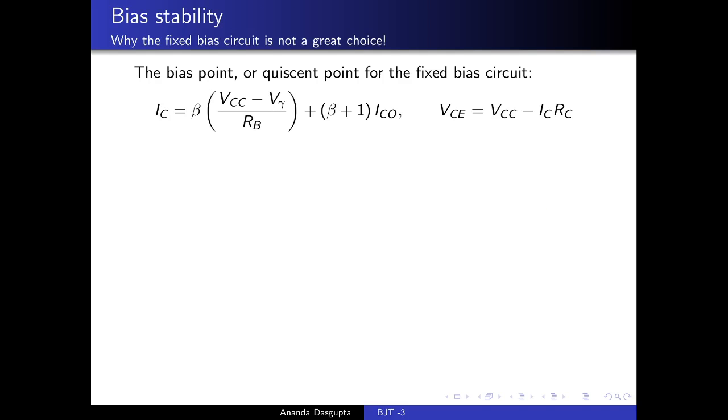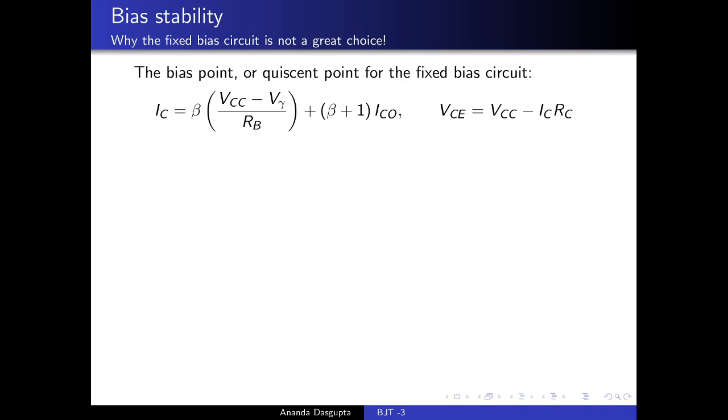Okay. Now, having said that, let us now discuss the issue of bias stability. What happens to these bias values? The bias values of course include all four things: IB, VBE, IC and VCE. Now I have actually written down the bias point or quiescent point values for the fixed bias circuit, and as you can notice, I have just written down the IC value and the VCE value.